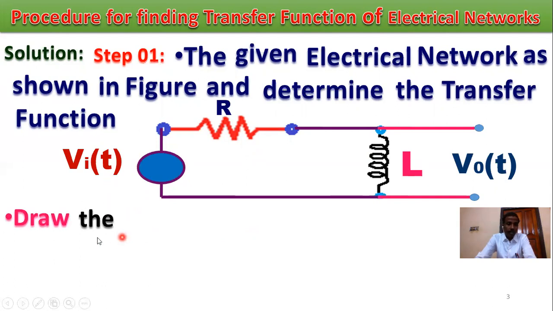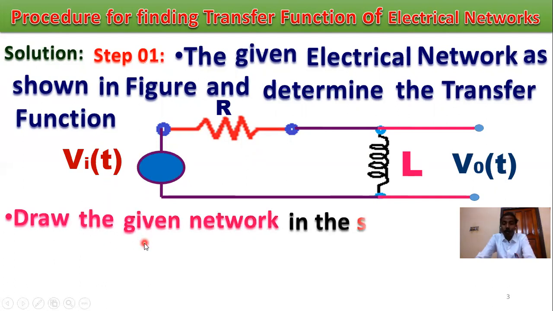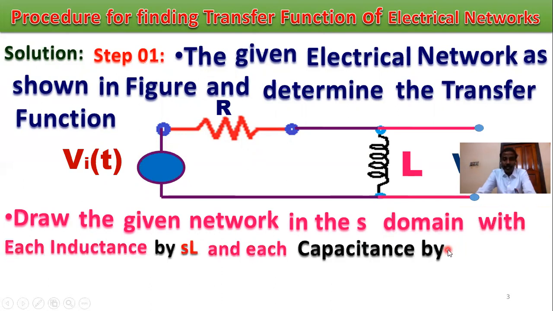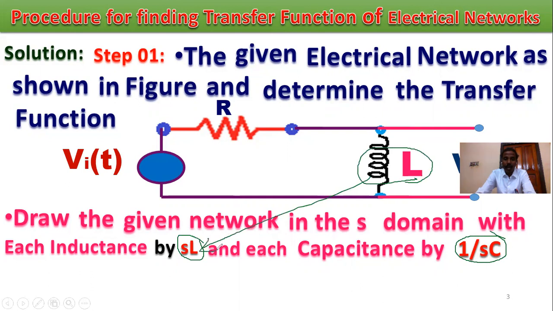First, draw the given network in the S domain, with each inductance replaced by SL and each capacitance by 1 by SC. In this circuit there is an inductance, so put S into L here.